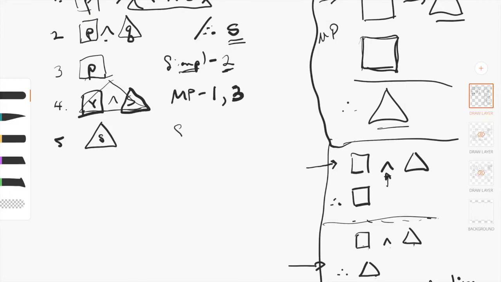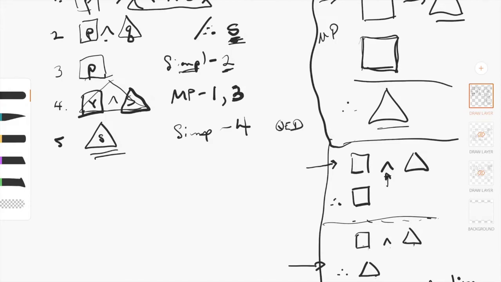We applied simplification. And to which line? We applied it to line 4. And now notice, the S that we have by itself on line 5 is exactly the S that we wanted to conclude in our original argument, and so the proof ends.